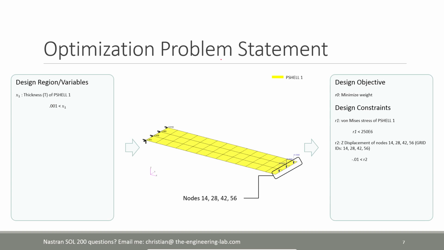Now, what about our optimization problem statement? This again is composed of three items: your design region, your design objective, and your design constraints. Here, we're going to say that our design region or variable is thickness. Right now, there's only one thickness, and this is used to drive the thickness of each element.